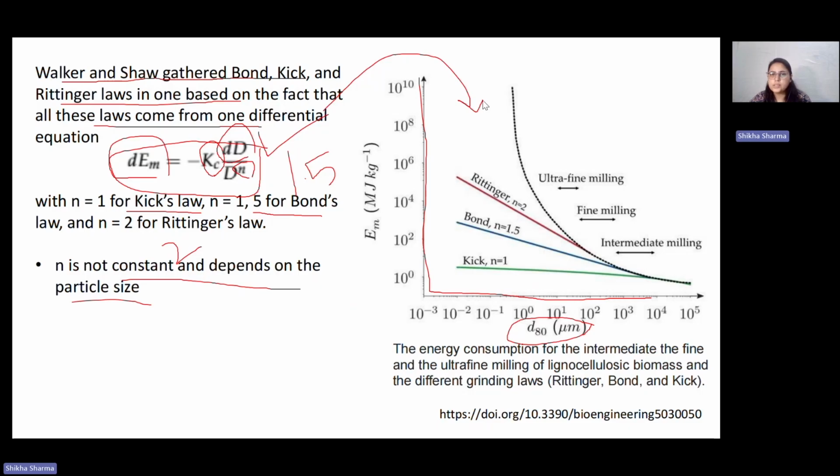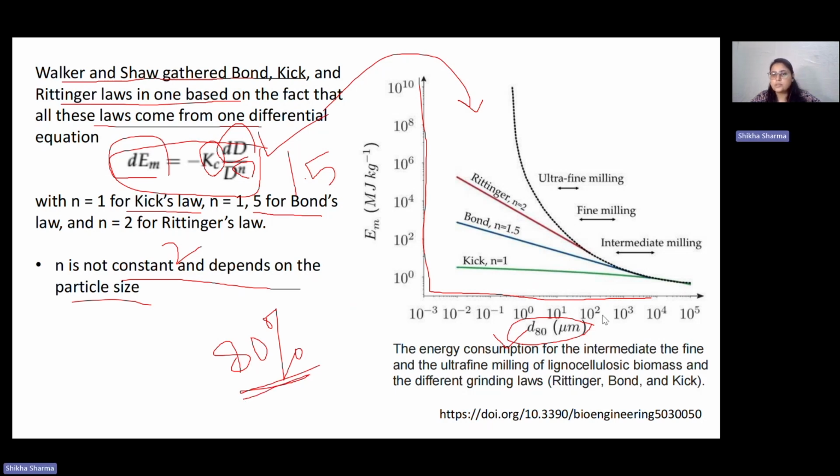The y-axis is basically the energy, and on the x-axis is d. So d is, when we are grinding a particle or reducing particle size from one dimension to another, the diameter that 80% of the particles have, and that is used on this x-axis.